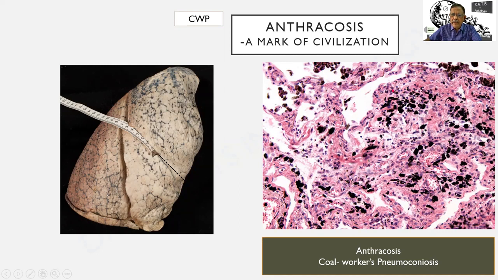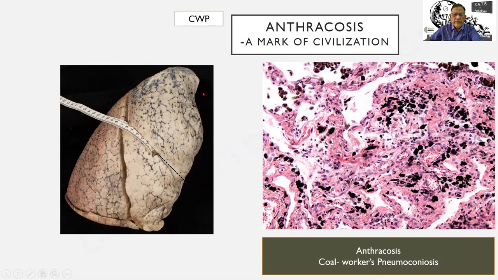Normally, there should not be much of a space here, but because of fibrosis, it is broadened and thickened. Anyway, I am finding multiple small patches of black pigmentation, namely the anthracotic pigment. All of us are bound to have it. It is a mark of civilization because of traffic, because of industry, so on and so forth.